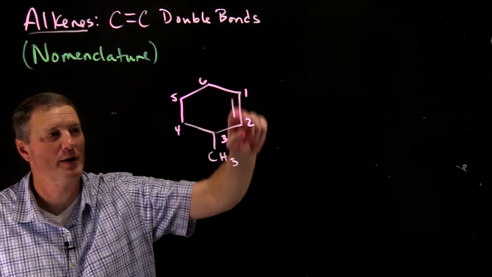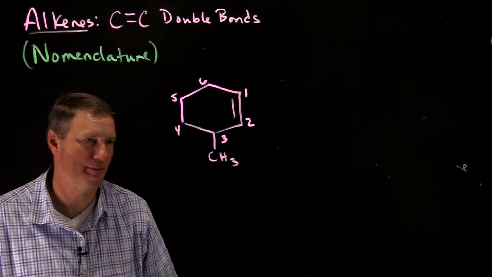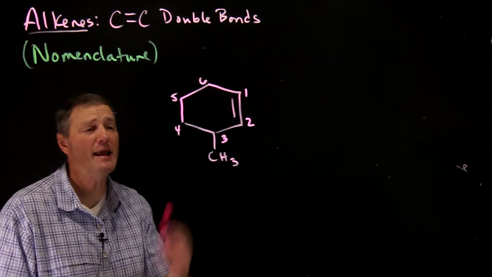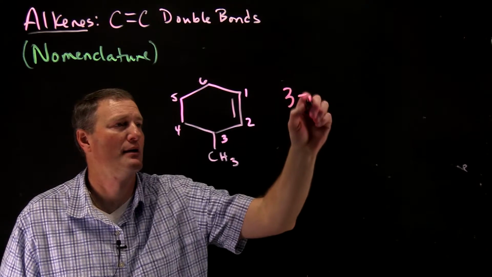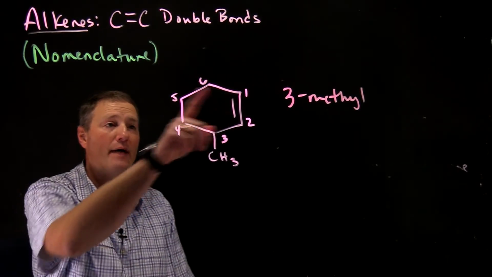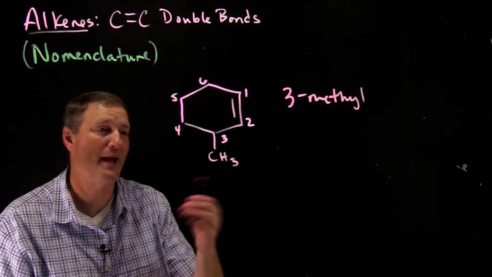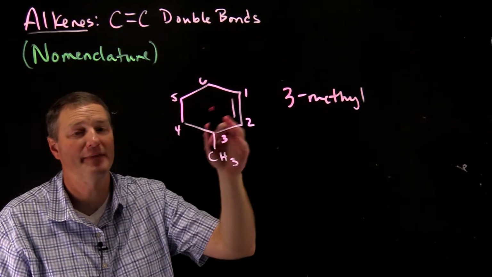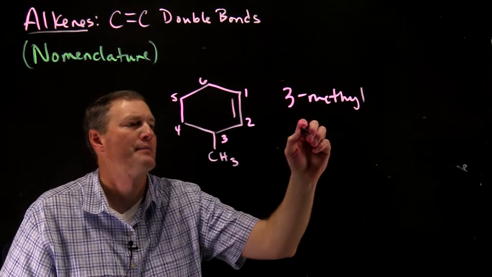So you always want to give the carbons involved in the double bond the lower possible number. In terms of naming this, I now have a 3-methyl substituent. And I now have a cyclohexene compound. So instead of cyclohexane, I drop off the ane ending and tack on the ene suffix.